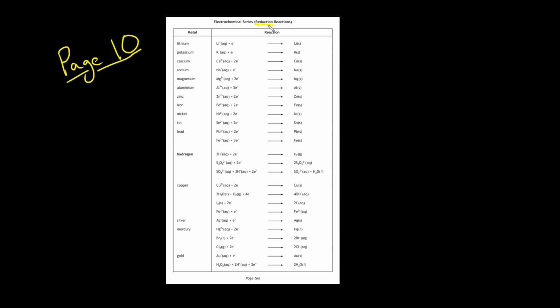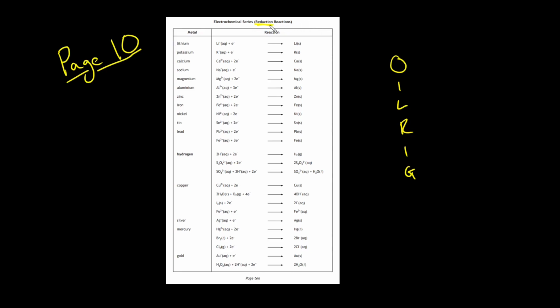Every single one of these reactions is a reduction. Remember what we said earlier, OIL RIG, oxidation is loss, reduction is gain. So all of these chemicals are gaining electrons. And let's just check that. I've got lithium positive ion plus an electron, gaining an electron, becoming the lithium atom. Next one, potassium positive ion, gaining an electron, becoming the potassium atom. So these are all reduction reactions, and they're all gaining electrons.